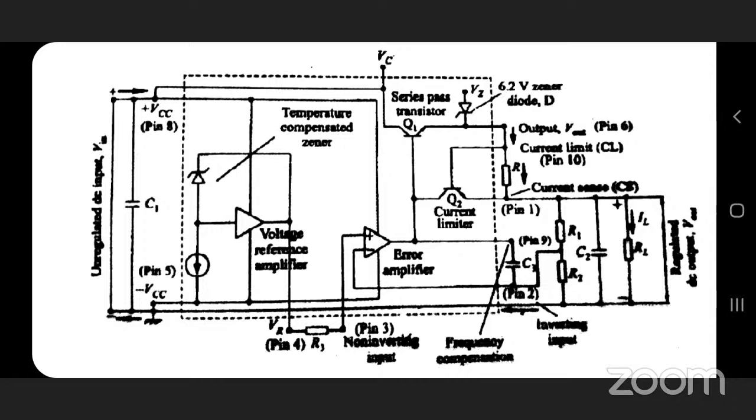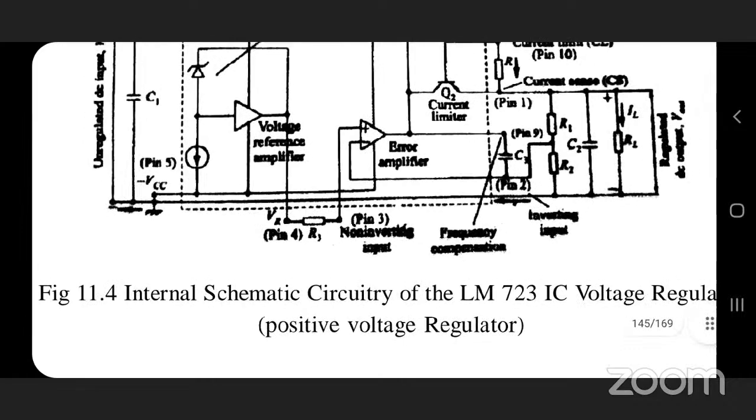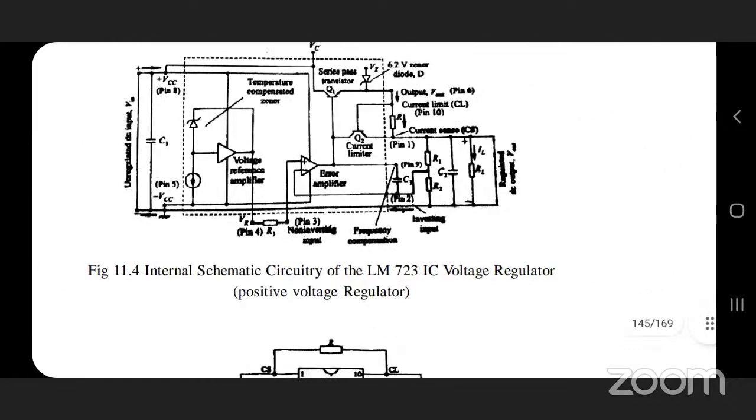So how the unregulated DC supply or voltage is regulated, you can note it down. This is nothing but the internal schematic circuit of the LM723 voltage regulator. That means this is a positive voltage regulator.